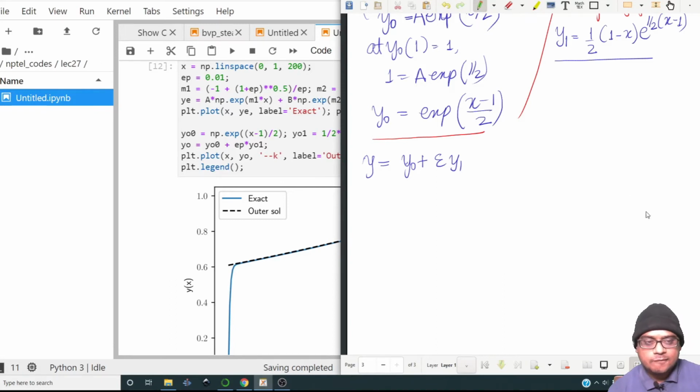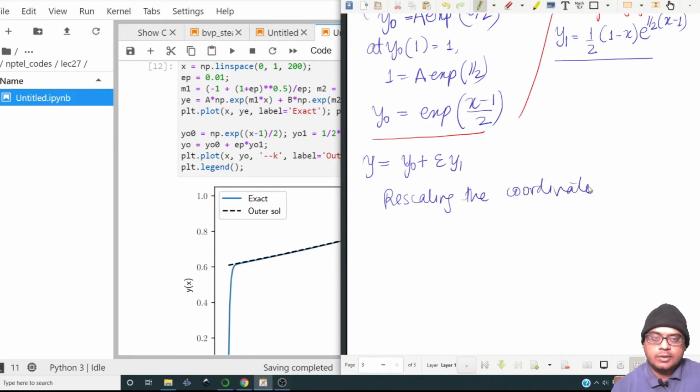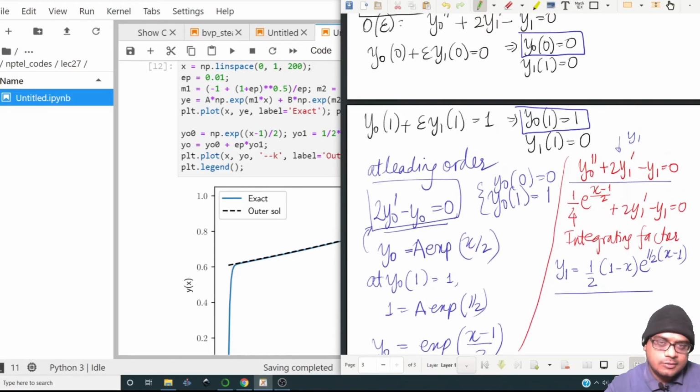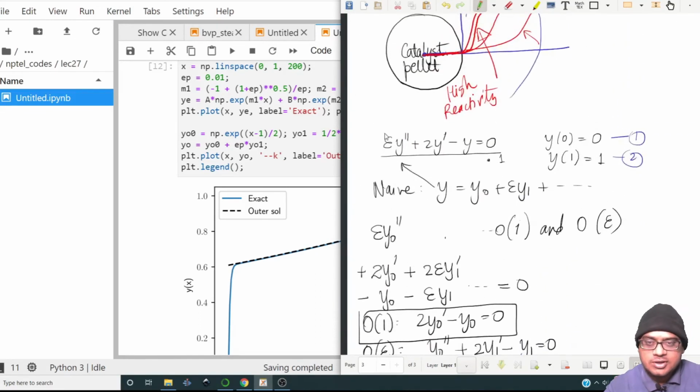So now we will rescale the coordinate. We must rescale the coordinate so that we have some region in which this particular term will be important. Let us see how we can do that.